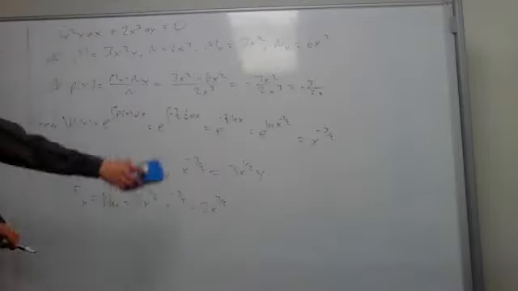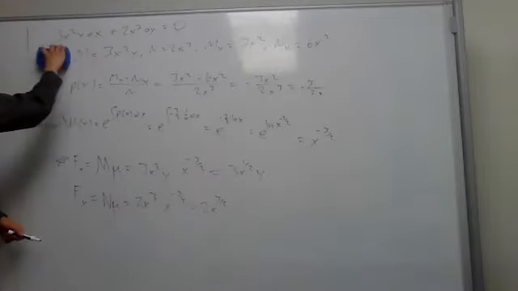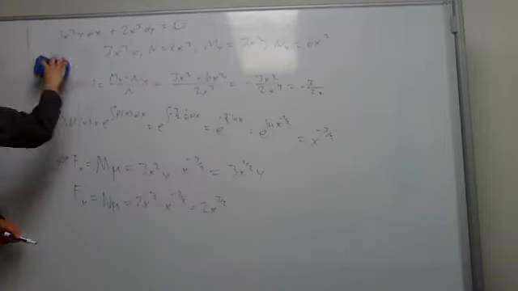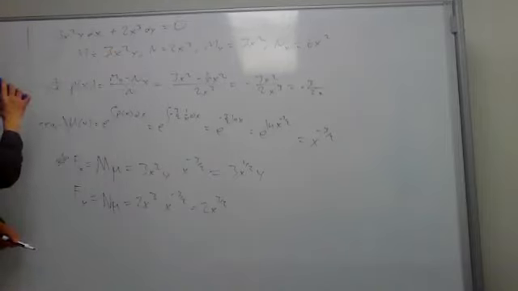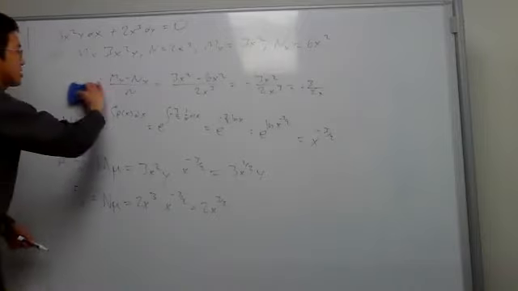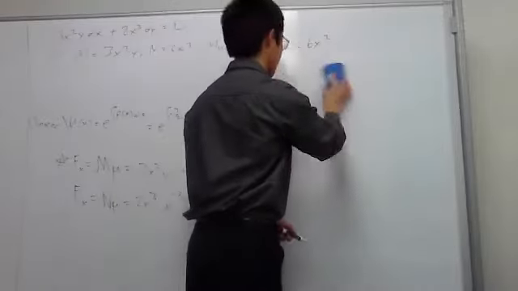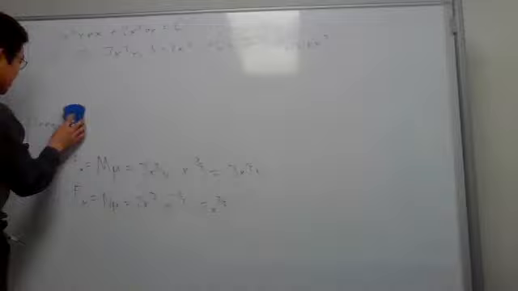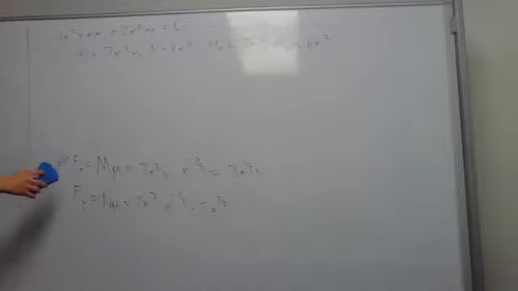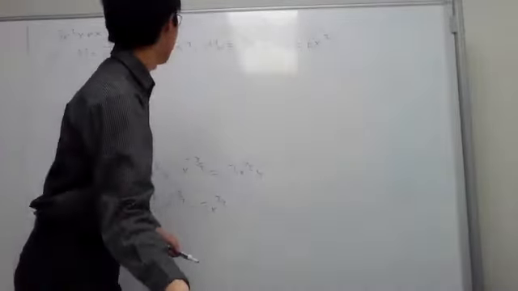So what I'm going to do now is clear some space. I'm going to get rid of this information because we don't need this anymore, and I'm going to condense the information down so that we know what's up.